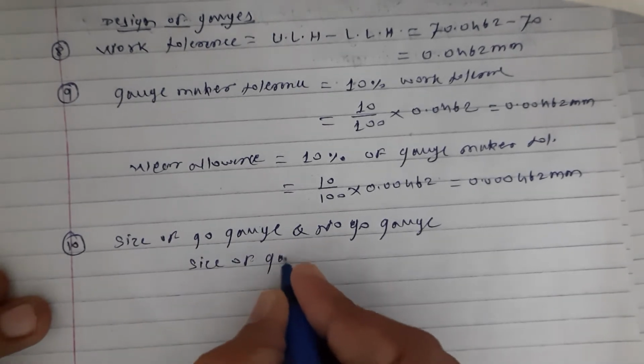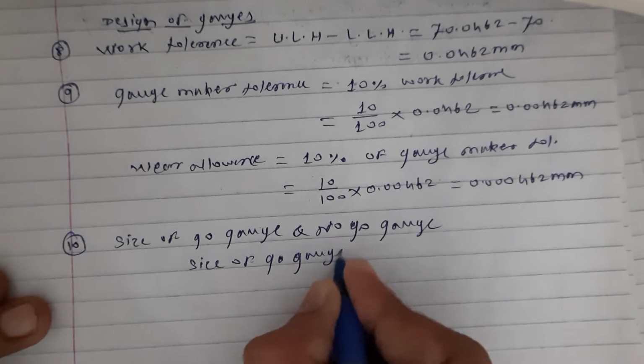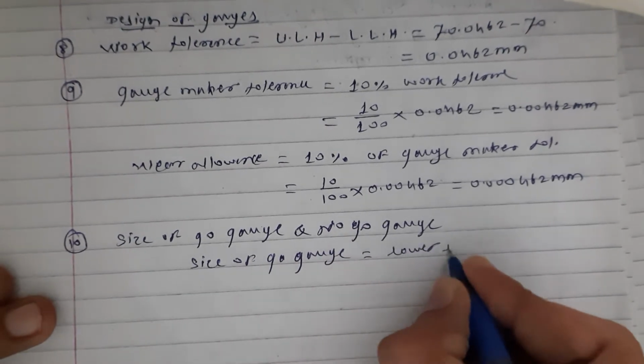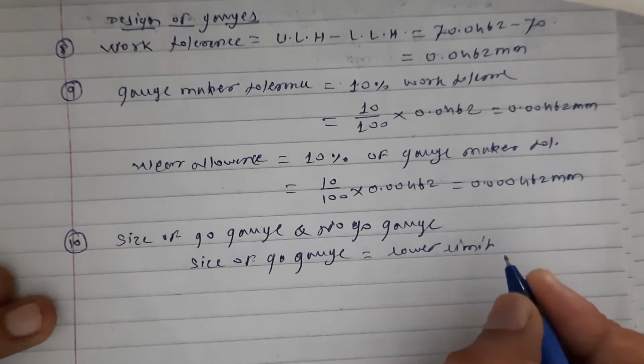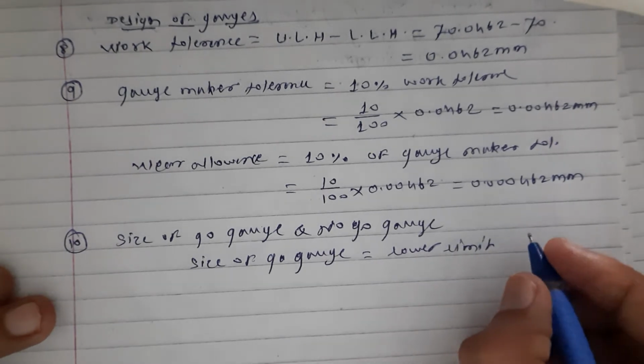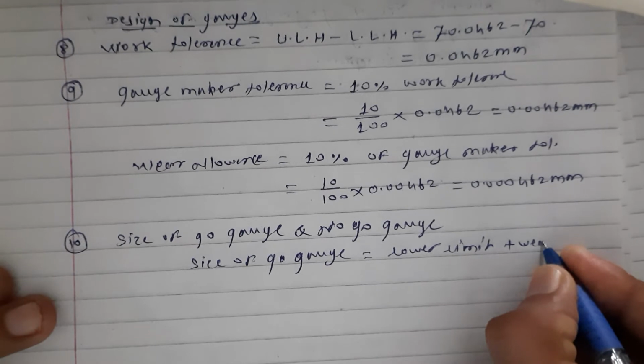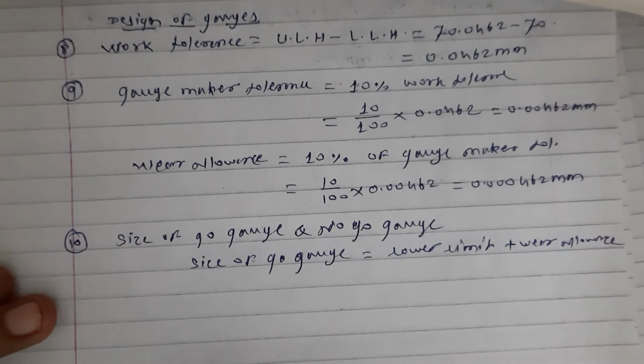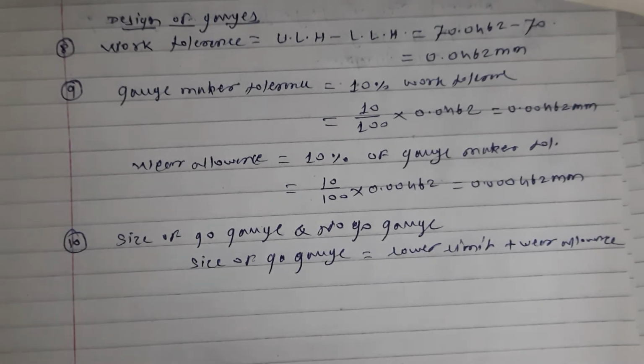Size of go gauge is equal to lower limit plus wear allowance, as we have seen in the theory lecture. We consider the wear allowance for the go gauge because that surface is rubbed during the inspection of the part.